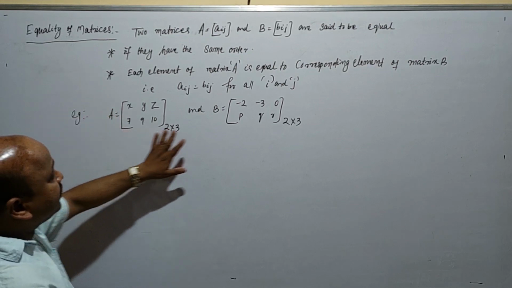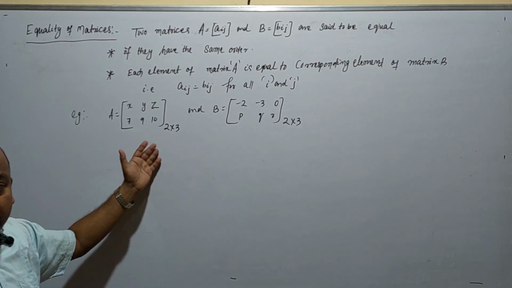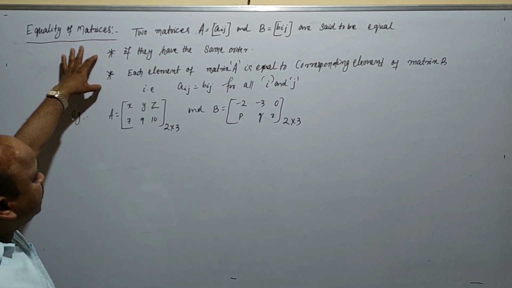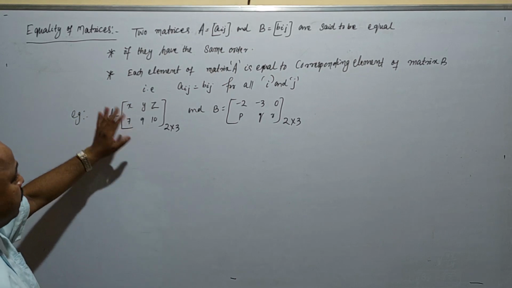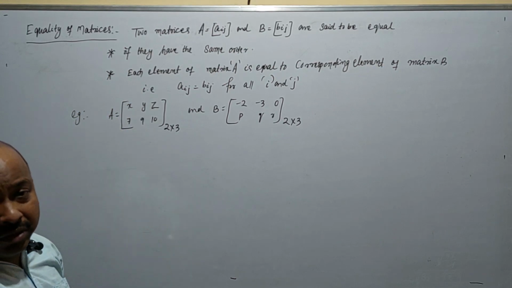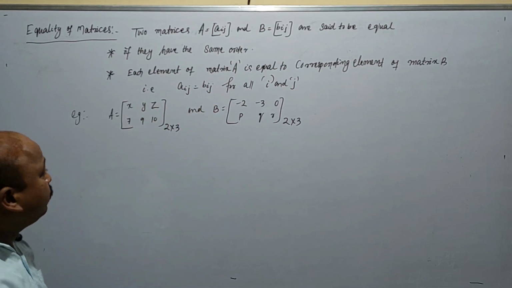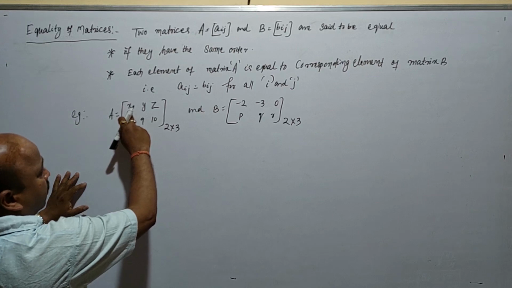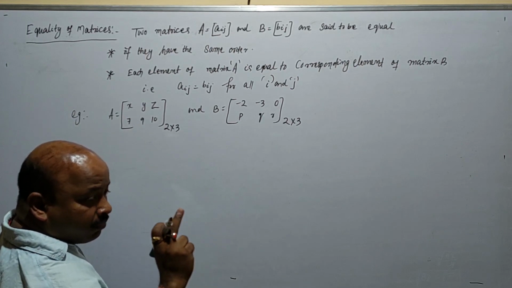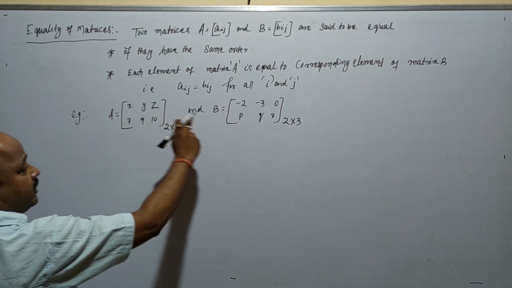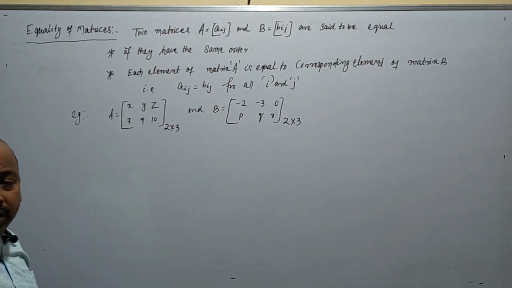If these two matrices are equal, they have the same order, and each element of the first matrix is equal to the corresponding element of the second matrix.